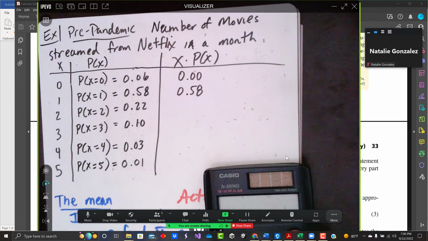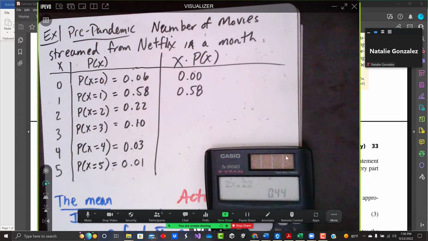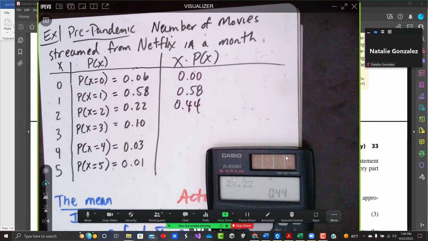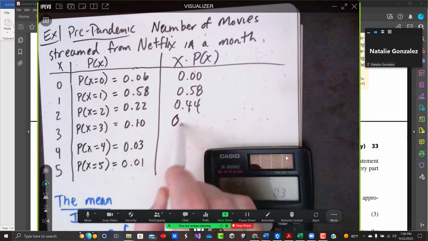The rest, if you need a calculator, feel free to use it. 2 times 0.22 is 0.44. 3 times 0.1 is 0.3.